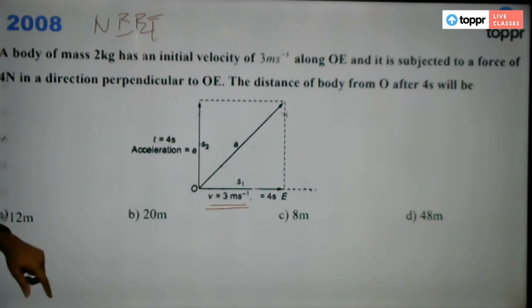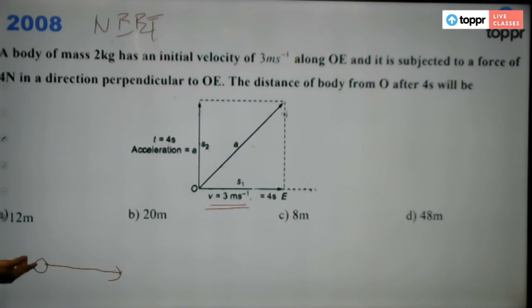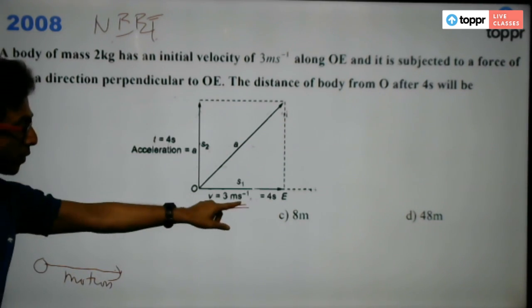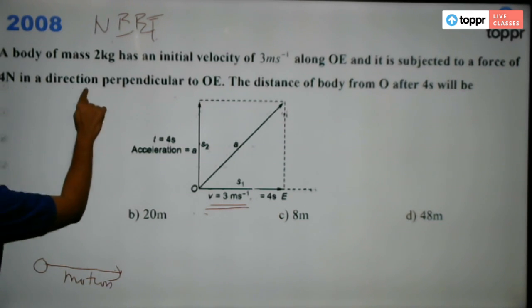Very interesting. The body is moving along OE. This is the direction of its motion. And see, it is moving with a particular velocity. But the force acted is 4 Newton in a direction perpendicular to OE.